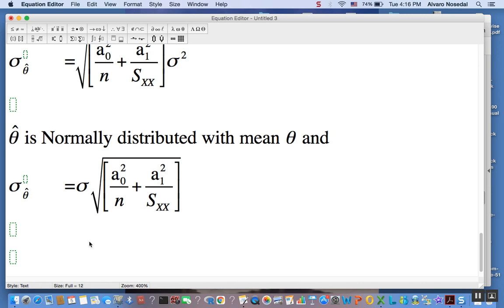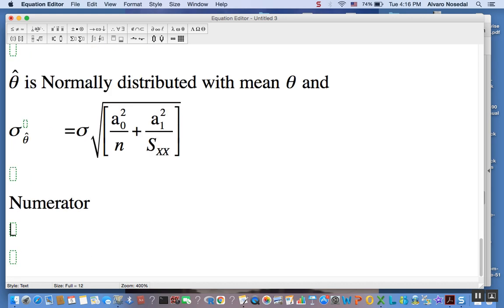Let's start with the numerator that defines t star, our test statistic. Up to this point we have basically shown that theta hat has a normal distribution with mean theta and standard deviation sigma times the square root of a0 squared divided by n plus a1 squared divided by Sxx.